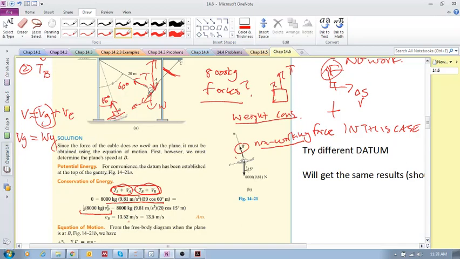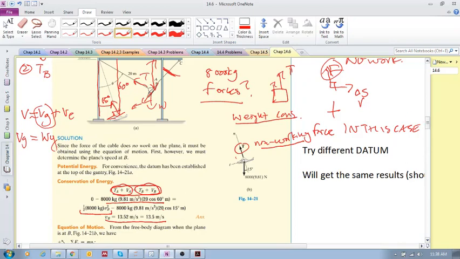So we're still going to have negative potential energy because it's below the datum, minus mg, minus W, times 20 cos 15, because now the height is that component there, 20 cos 15. And the only unknown we have is VB, and VB is equal to 13.5.